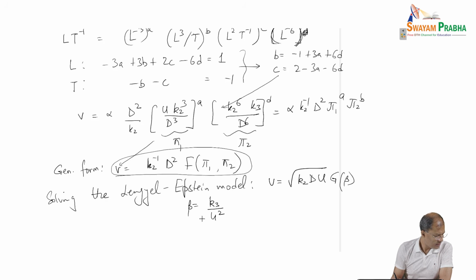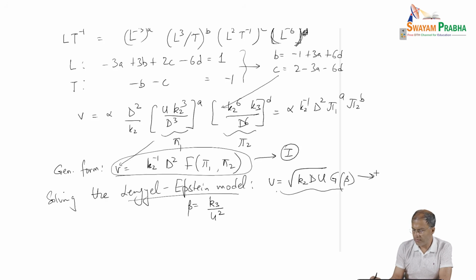And so this is the formula that we get from the Langevin-Epstein model. If we term these two forms of the velocities as 1 and 2, it seems that 1 is very different than 2, but we will see they are not.